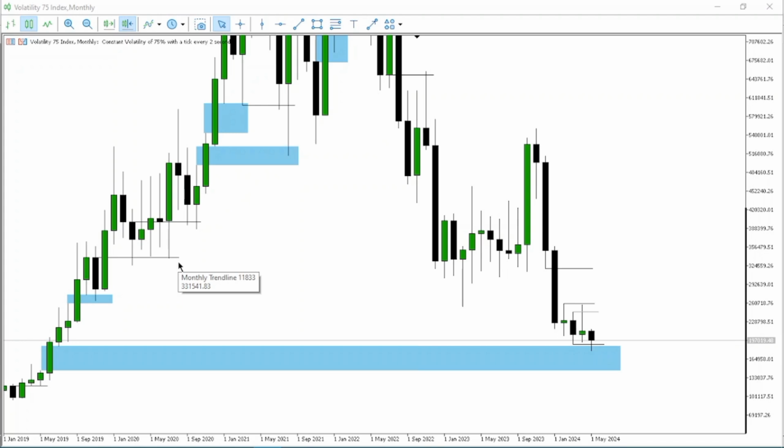Although it's time and price, right? But currently, the kind of information you can only get on the high time frame has to do with price. That's why I said only when you move onto lower time frames can you be more concerned with time, can you put time into your analysis.